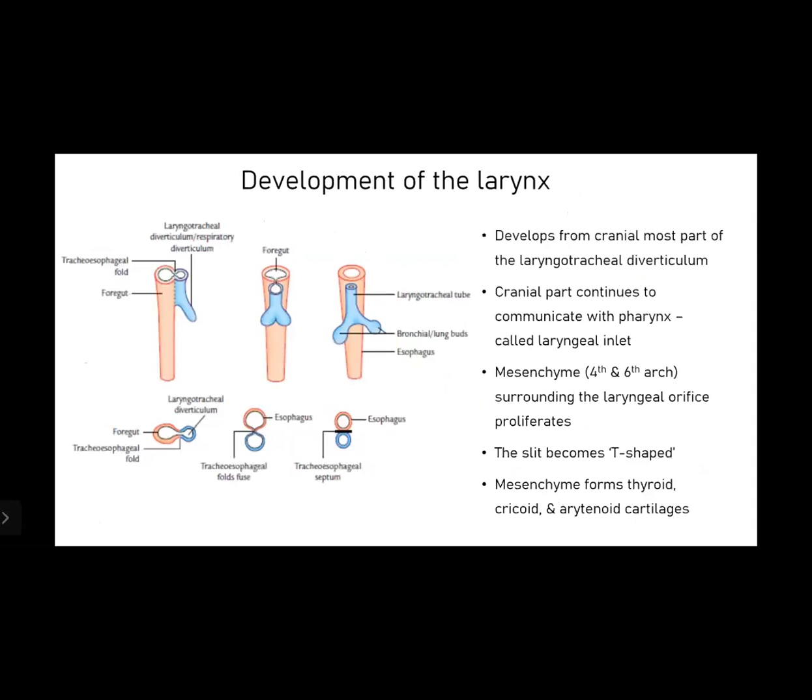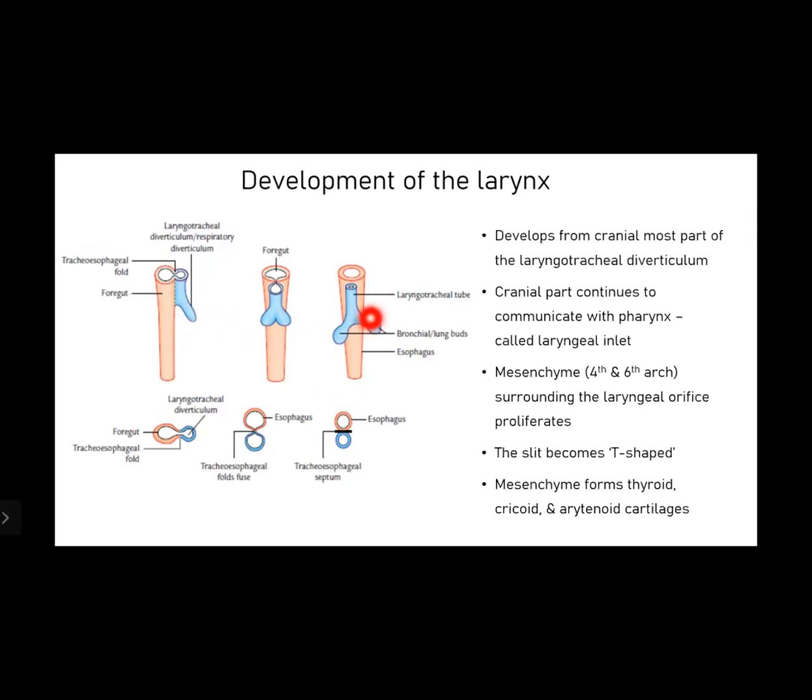Looking at different views, which will make it more clear, the larynx develops from the cranial most part of the laryngotracheal diverticulum. Whereas the lower portion goes down and forms the bronchi and other structures.